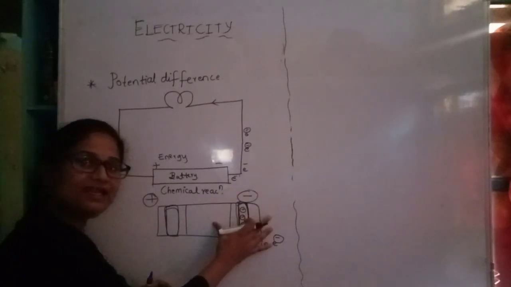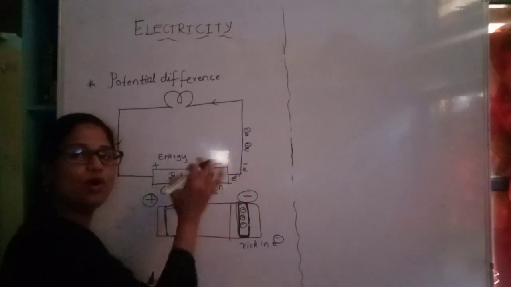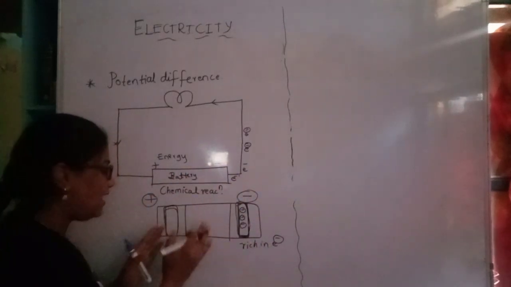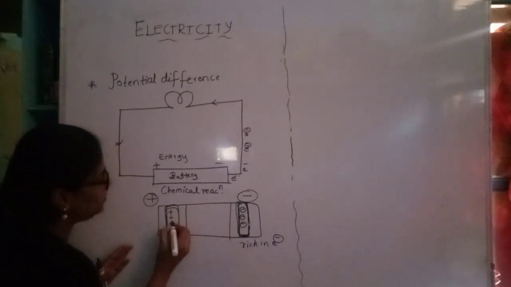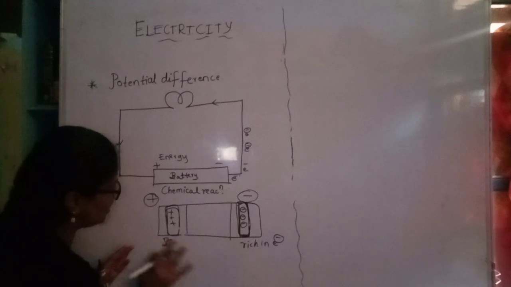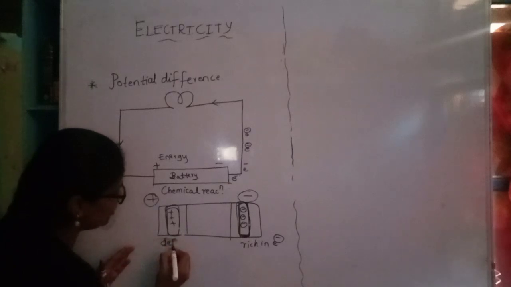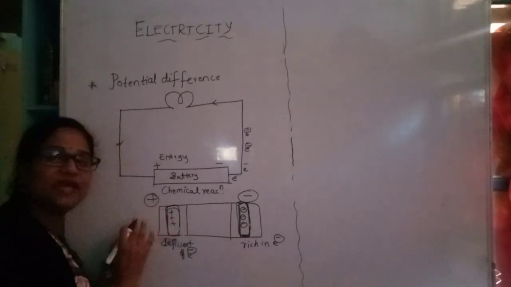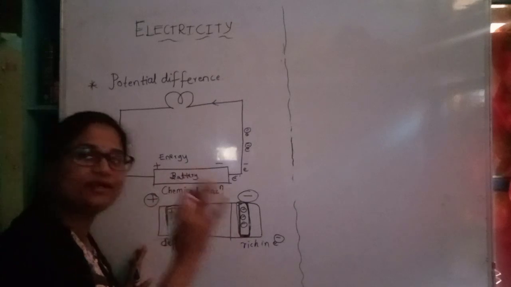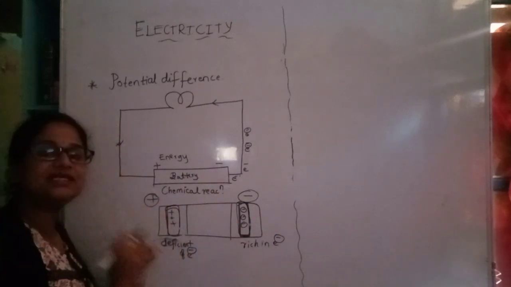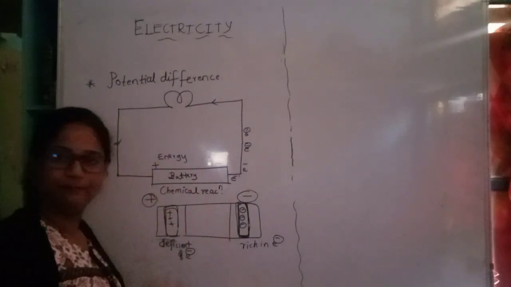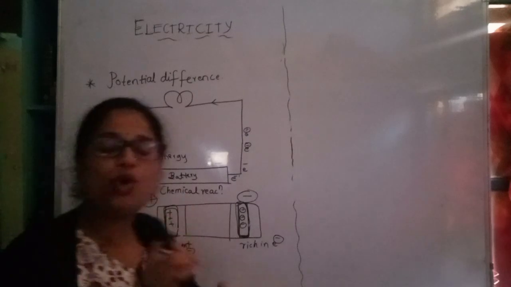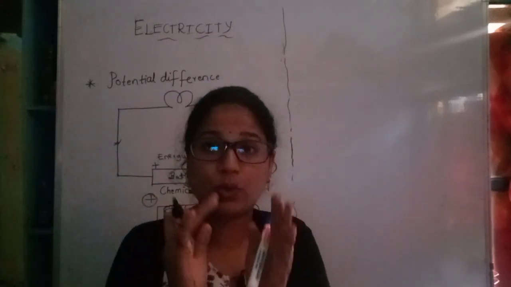That is why that end is considered a negative end or negative terminal. And the end considered positive will have positive charges, so we can say it is deficient of electrons, with no negative charges at all. That is why it is the positive terminal.